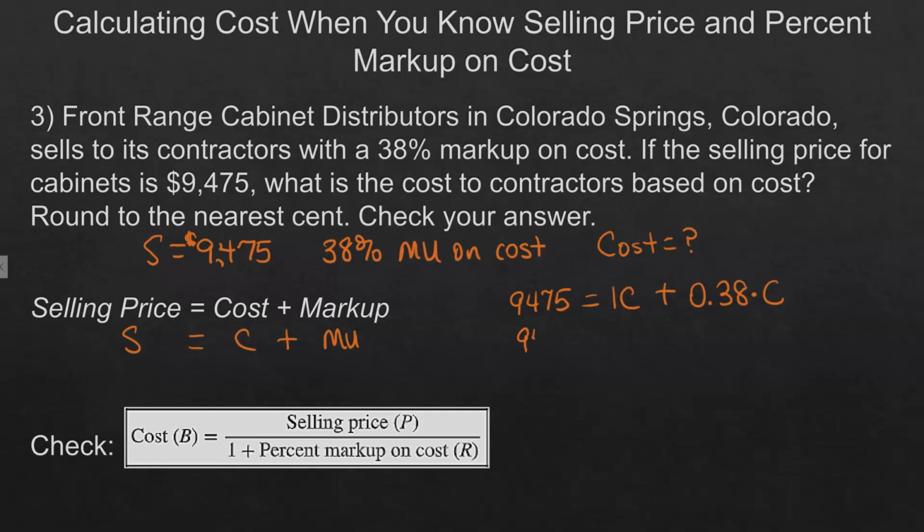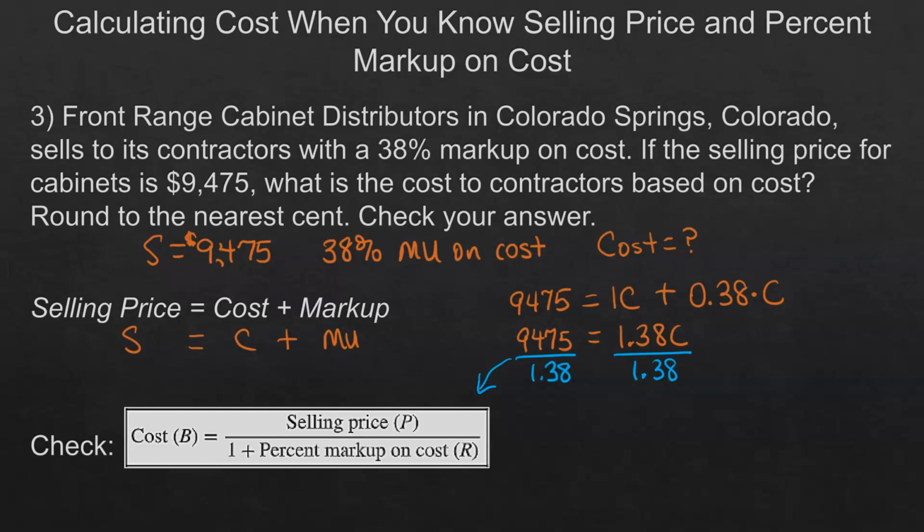And so we've got 9,475. We add these together. These are called like terms. 1 plus 0.38 is 1.38. So if you do happen to be familiar with algebra, that will help you here. Now notice I'm going to divide by 1.38, and look at what this formula is telling me to do.